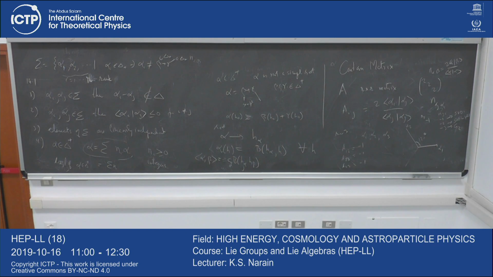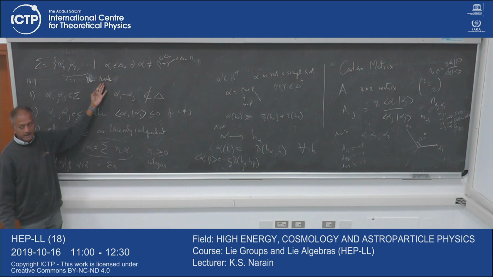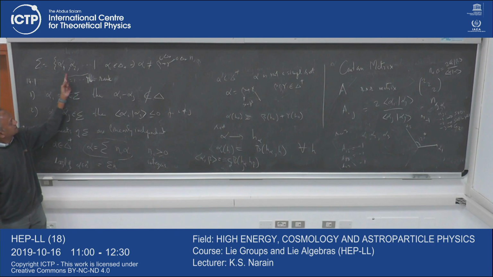And since it spans the space dual to the Cartan subspace, and the Cartan subspace has dimension equal to the rank, this must also be R dimensional. And since it spans, it provides a basis. Therefore there are exactly R such elements.